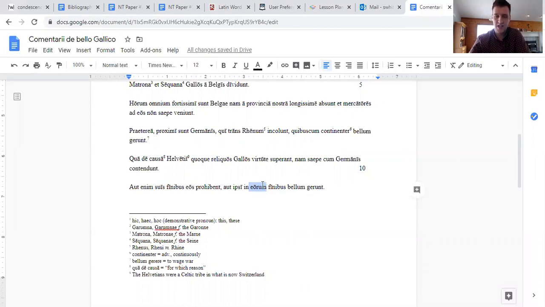Again, hyperbaton, an interruption of grammatical structure. And it's in finibus eorum, in the boundaries of them. Okay, so either, indeed, they ward them off from their own boundaries, or they themselves wage war in their territory. Okay, and that's a little awkward on that translation.